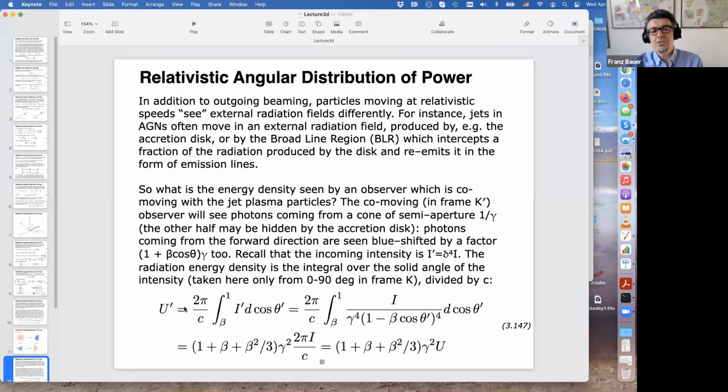You can imagine that this energy density is proportional to I integrated over solid angle, which is going to be 2 pi in this case, since it's a hemisphere, divided by c. We want to integrate I over this solid angle, and we only need to integrate from 1 to b, where we are taking this derivative of cosine in this way.